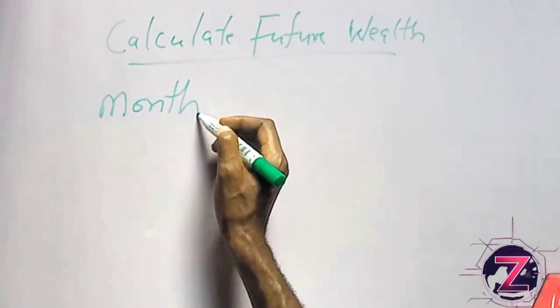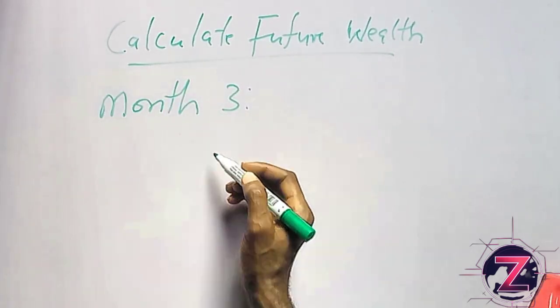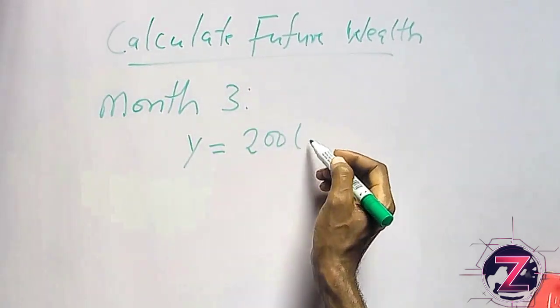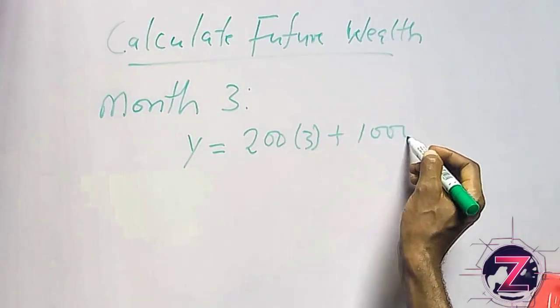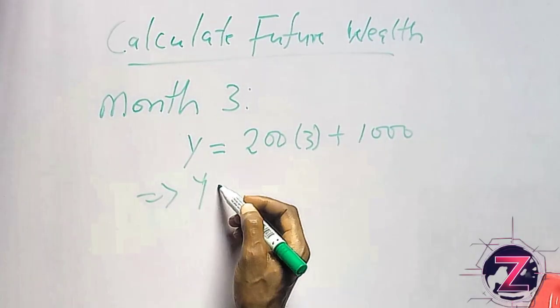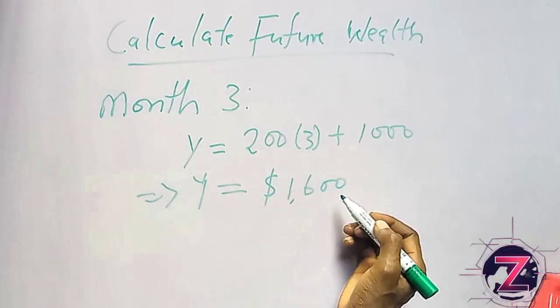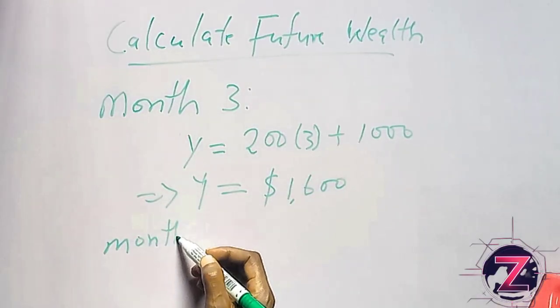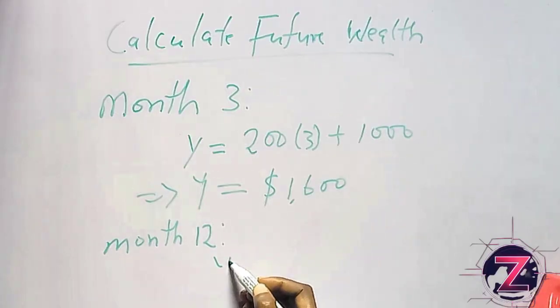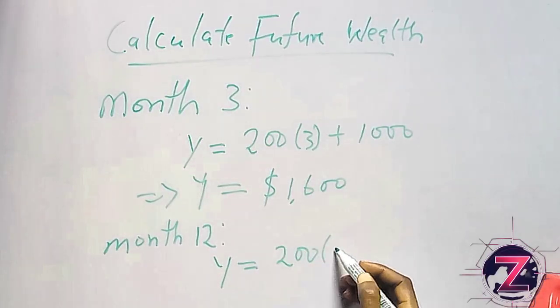Then in month 3, David's Y will now be equal to 200 times 3 plus 1,000, which implies that his Y will become $1,600.